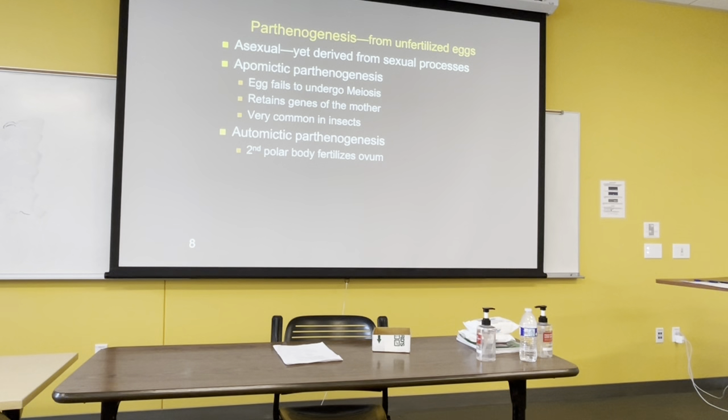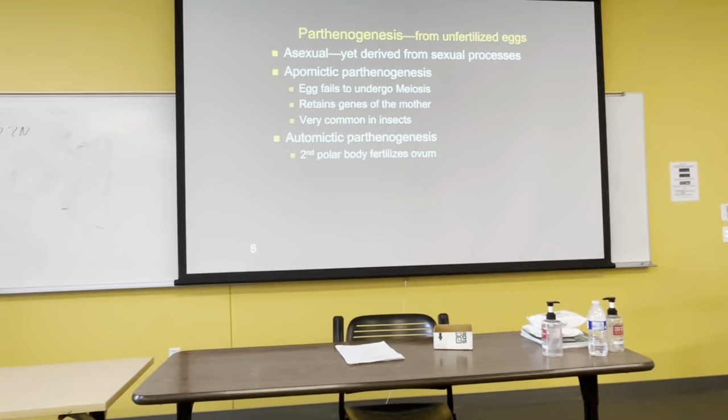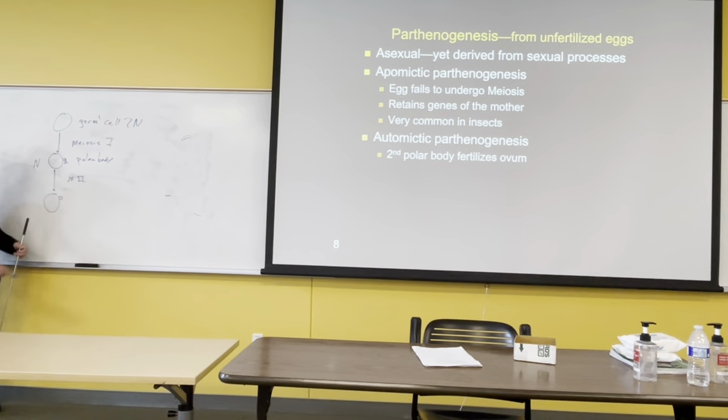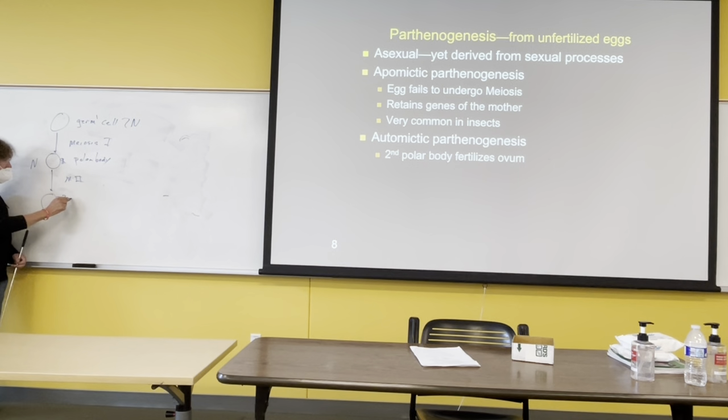This is now haploid, and this cell will undergo, once again, meiosis 2. It's also an asymmetric division, producing what will be the gamete, the egg, and the second polar body.